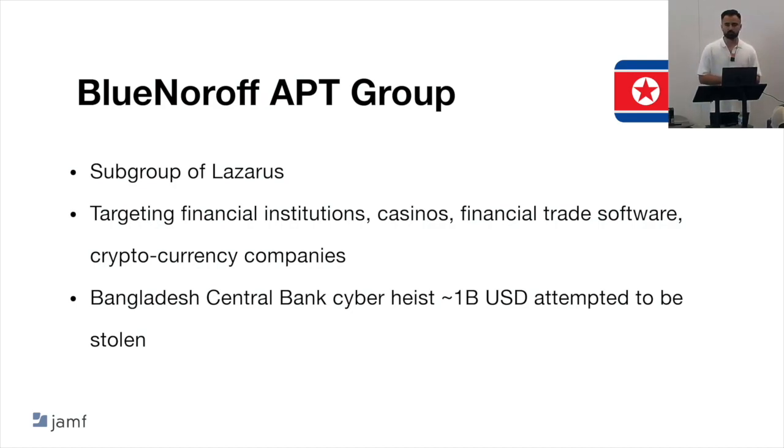Their operations typically involve longer-term infiltration of their targets, spending months within a network before executing their final payloads. We've seen sophisticated attacks on the SWIFT banking system in the past from BlueNoroff, and on numerous banks worldwide. I think the most notable one was the Bangladesh bank heist, where they attempted to steal millions and millions of dollars.